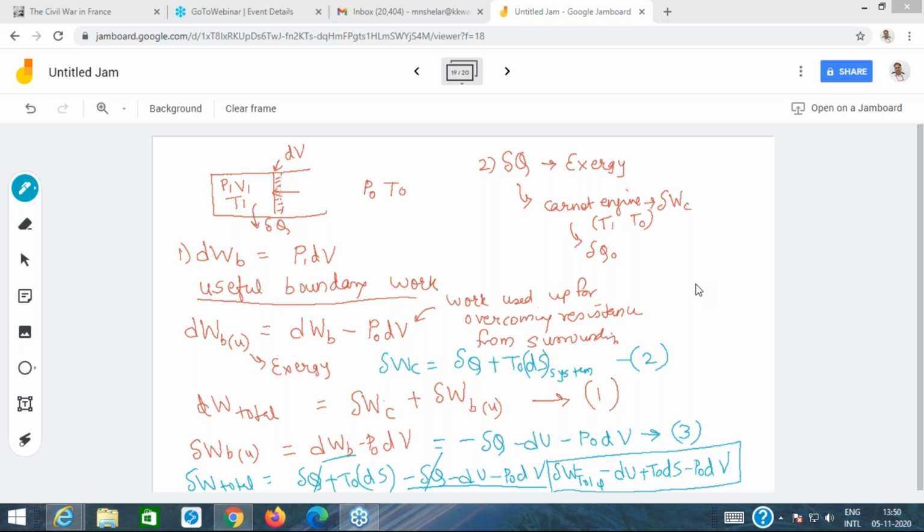So we need to subtract P0 dV from the boundary work, and what we get is the useful boundary work. So the useful boundary work plus the Carnot work is the maximum work potential one can extract from the closed system, and that maximum work potential is nothing but the available energy or exergy of the closed system.